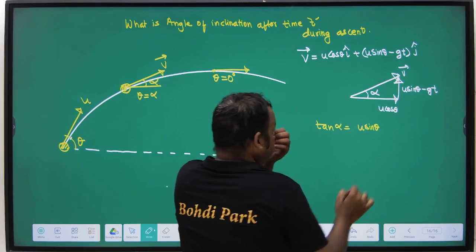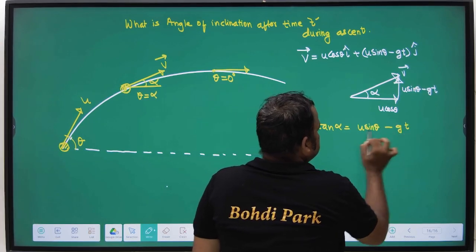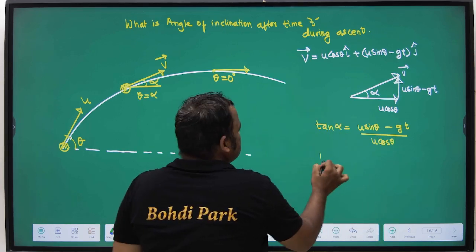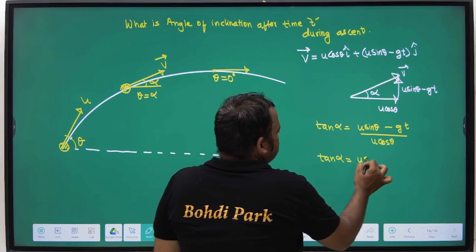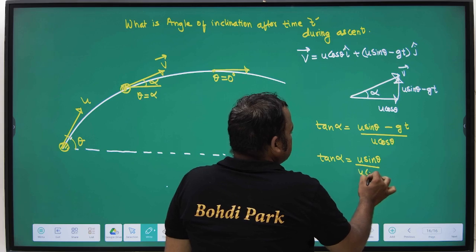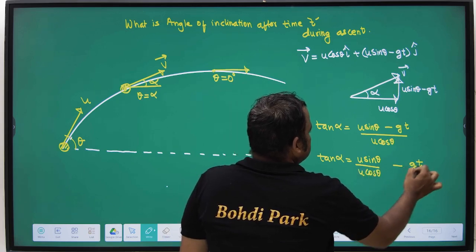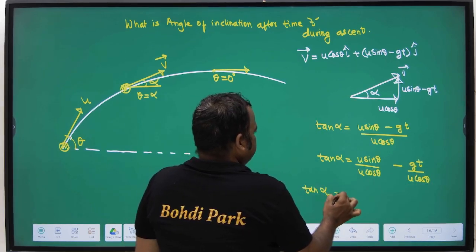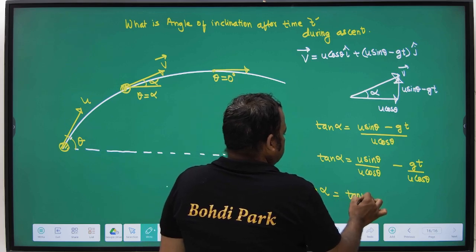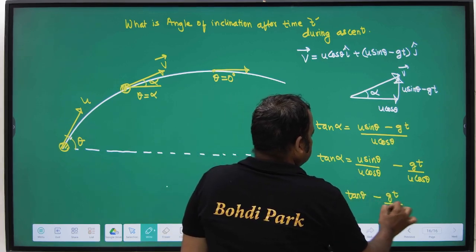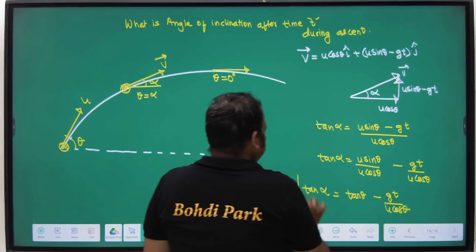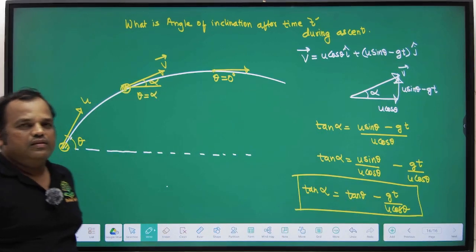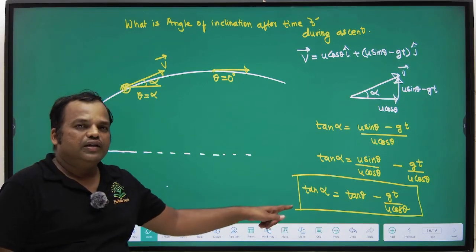Opposite is u sin theta minus gt, adjacent is u cos theta. So tan alpha is equal to u sin theta by u cos theta minus gt by u cos theta. So tan alpha is equal to tan theta minus gt by u cos theta. This is the formula for tan alpha. Remember, we can use this formula only during ascent.